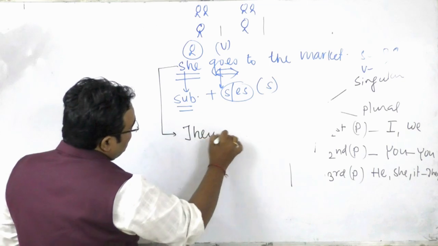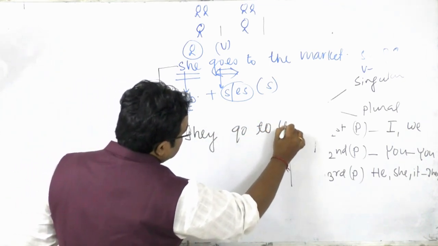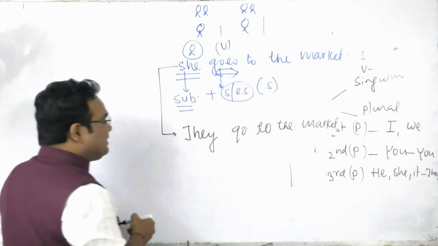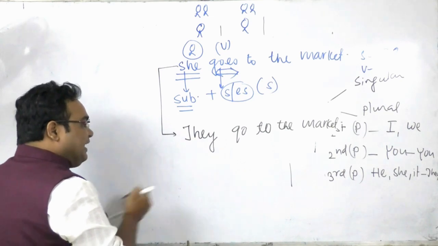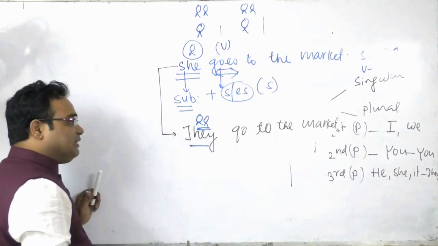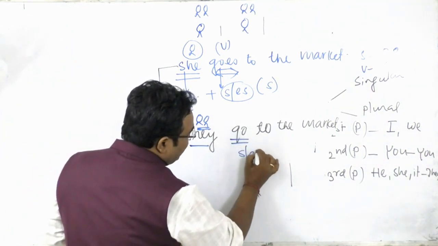They go to the market. The moment you say they go to the market, just look at the board. They is plural, and this go is without s or es.